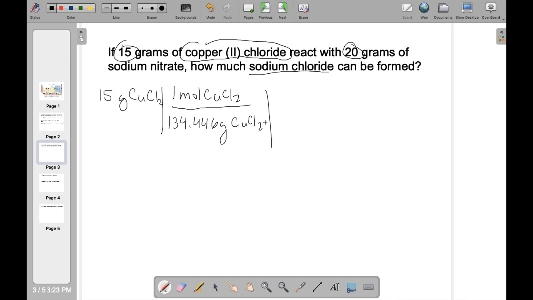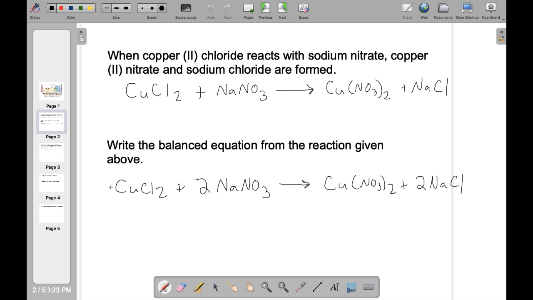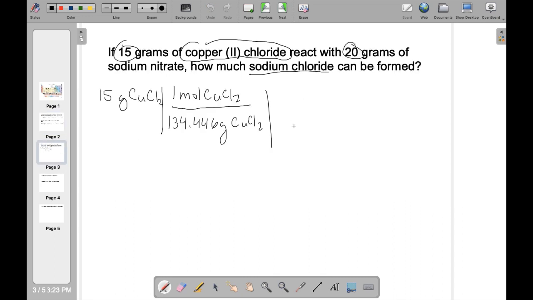Now, I need to look at my mole ratio. How much copper chloride do I need to react to make sodium chloride? Well, this is actually a 1, and this is a 2. So it's a 1 to 2 ratio. So I need 1 mole of copper 2 chloride, which reacts to make 1 mole of sodium chloride.